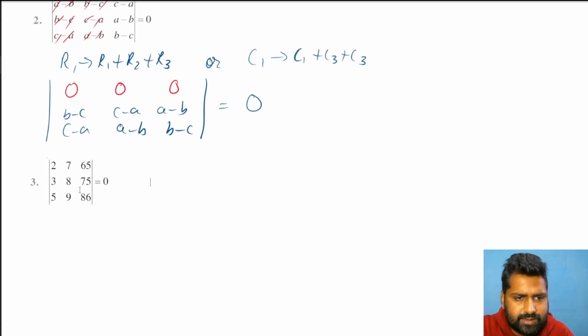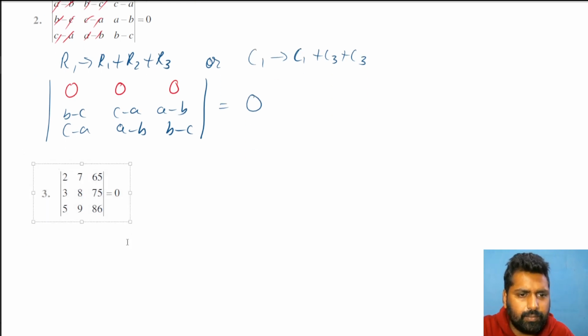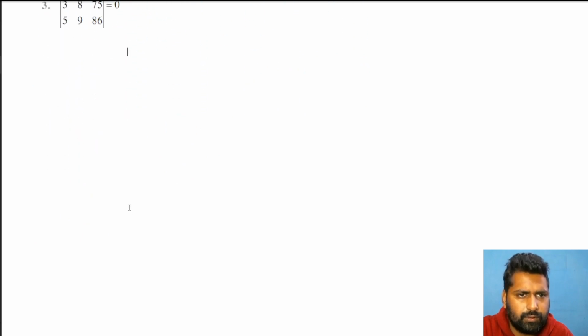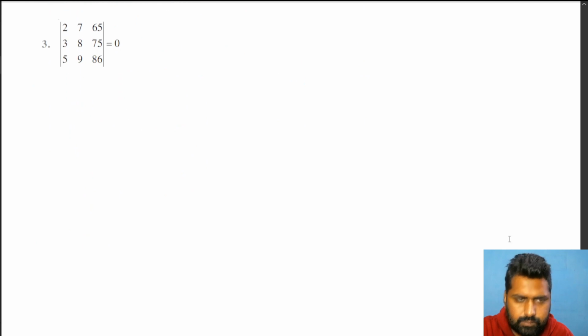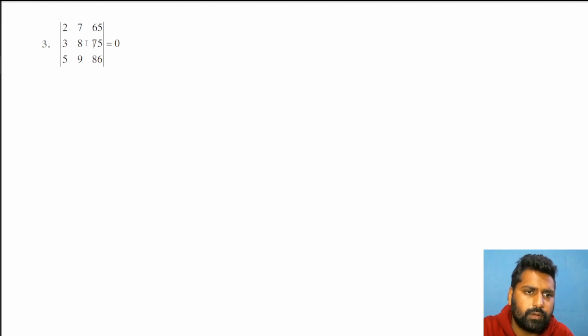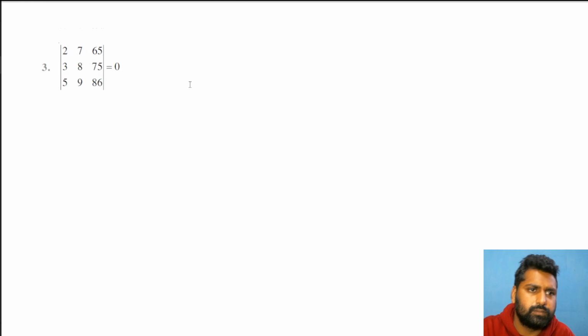Finally, some numbers. 2, 3, 5, 7, 8, 9, fine. 65, 75, 86, very large number. Now, if I want to reduce them, because we can do addition and subtraction, what I can do is subtract them.